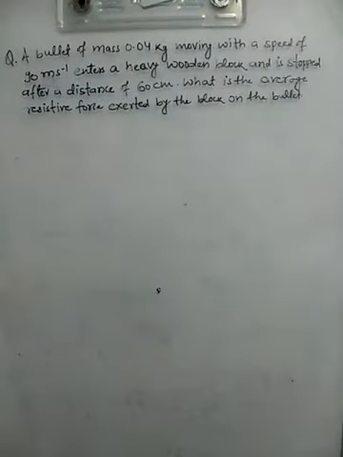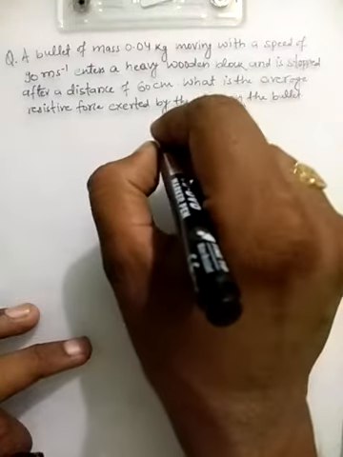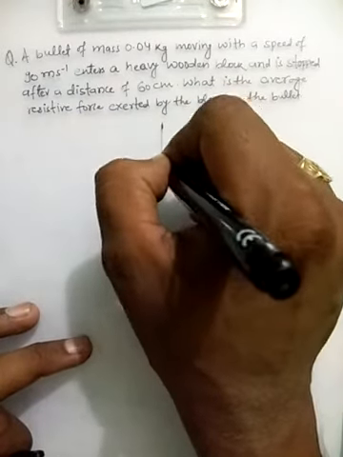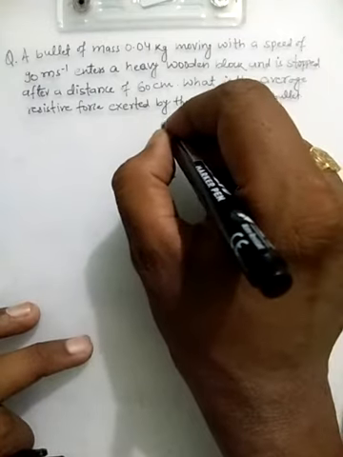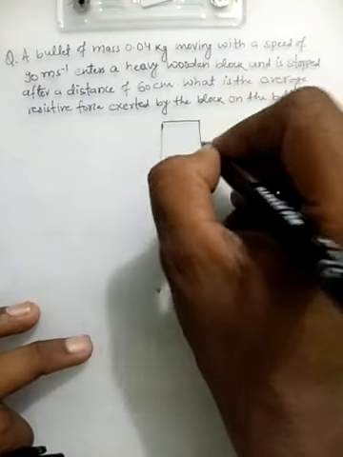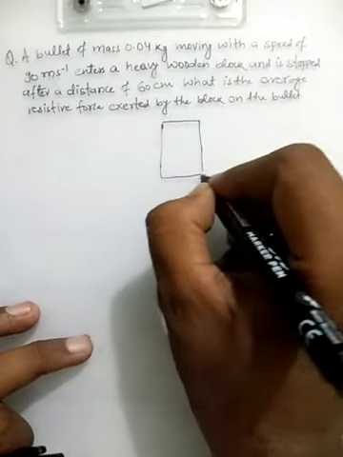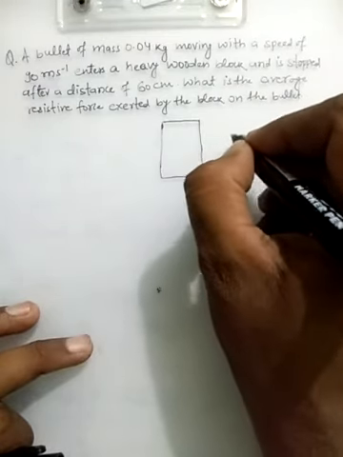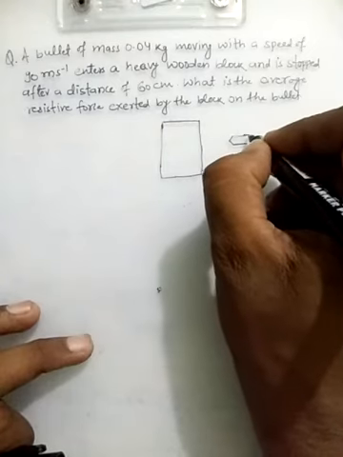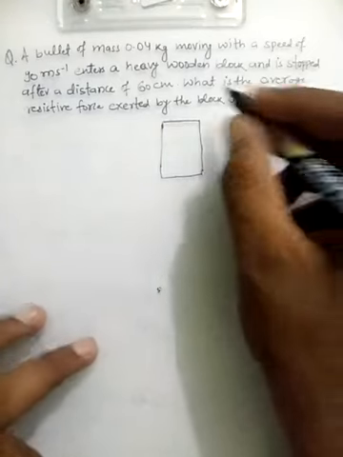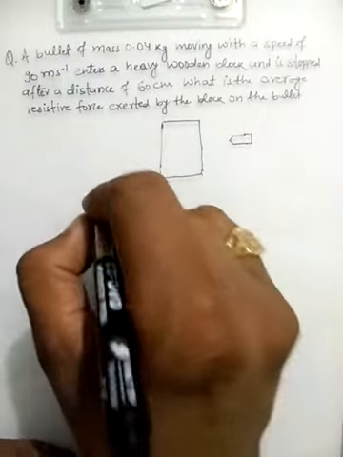This is the wooden block, and this is the bullet of mass 0.04 kg.